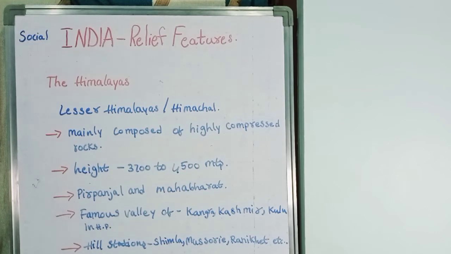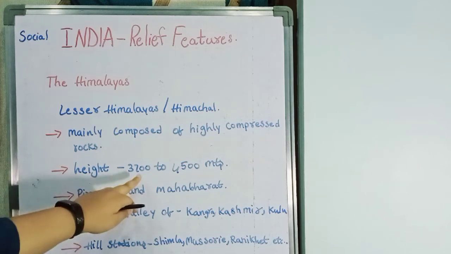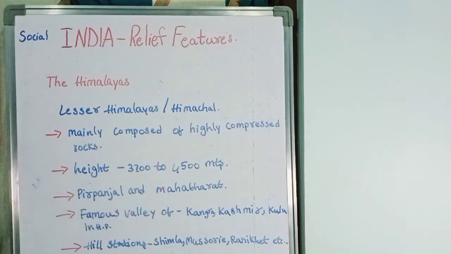Now in the Himalayas, the second one is the Lesser Himalayas, which is also called Himachal. It is mainly composed of highly compressed rocks. The height ranges from 3700 to 4500 meters. Pirpanjal and Mahabharat are important ranges of this region.